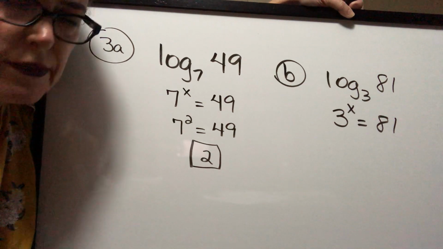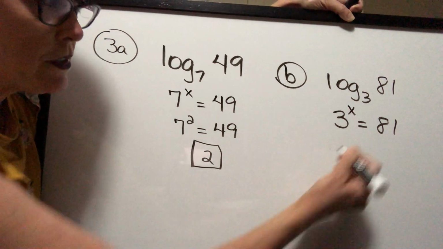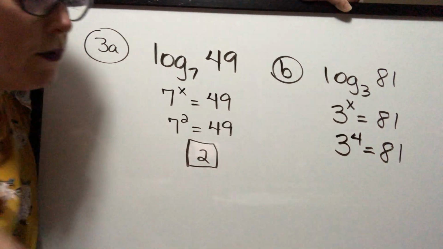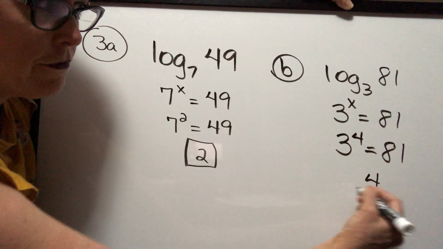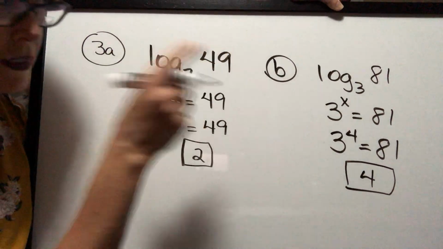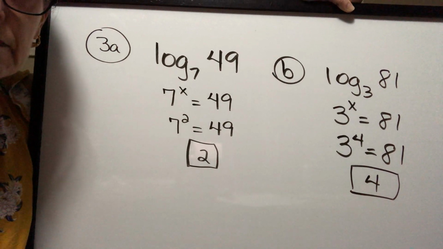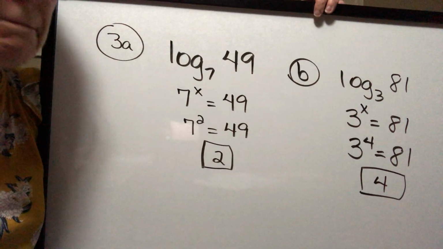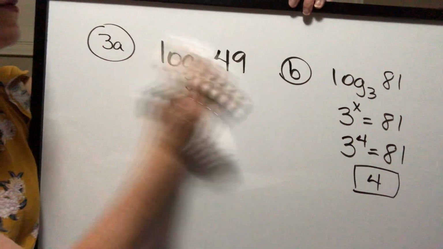And 27 times 3 is 81. So that's 3 raised to the 4th power would be 81. So your answer would be 4. It's the exponent that you need to get this answer. So 4 would be the answer for 3B. Okay, I'm going to erase these and keep going.